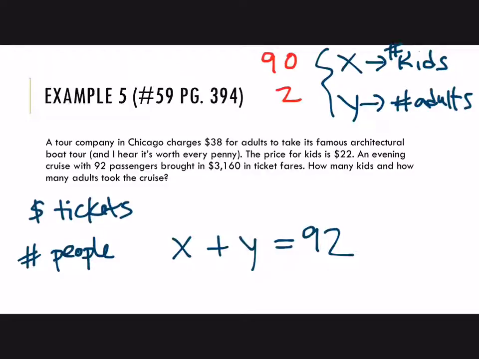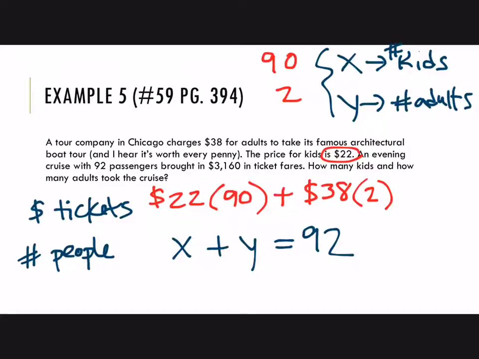If it's $22 per kid, I'd multiply that $22 times my 90 kids, and add in the cost of the adults, $38 per adult, times 2. Then I would work that all out to get a total amount. Let me quickly do that, and I get 2,056.